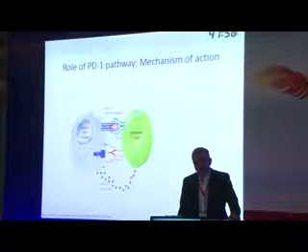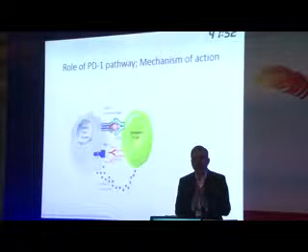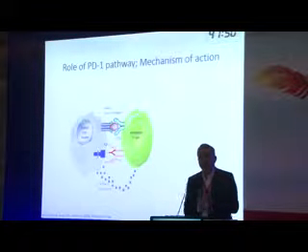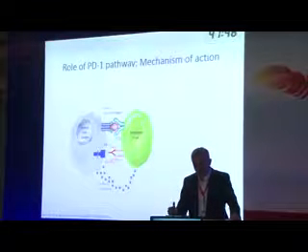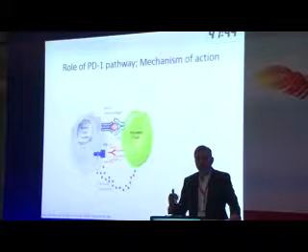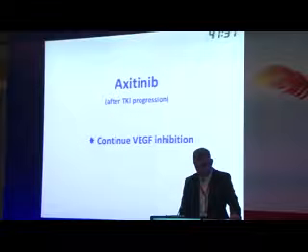The PD-1 and PD-L1 antibodies are developed in order to prevent this inhibitory effect on the immune system, to reboost the immunity against cancer, and they have been found really successful in many types of cancer, and renal cell carcinoma is one of these.